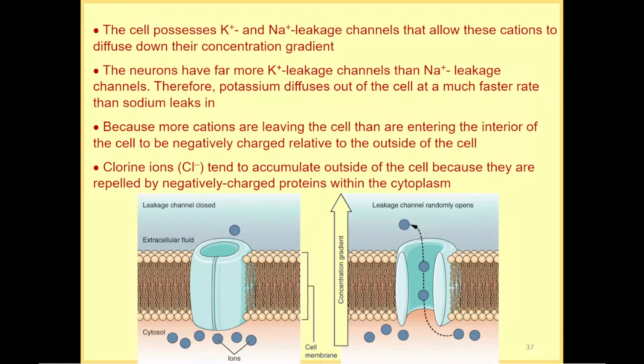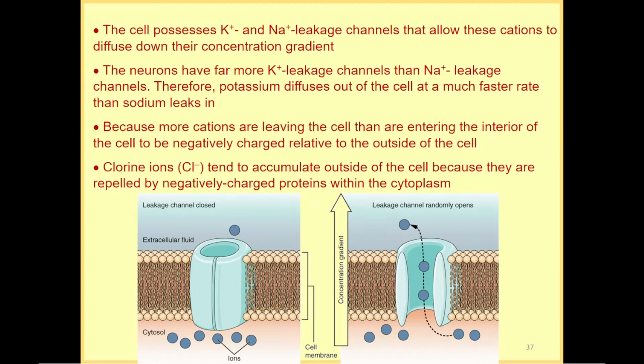This cell possesses, in more detail, as you can see here, sodium and potassium leakage channels that allow these cations to diffuse down their concentration gradient. The neurons have far more potassium leakage channels than sodium leakage channels.